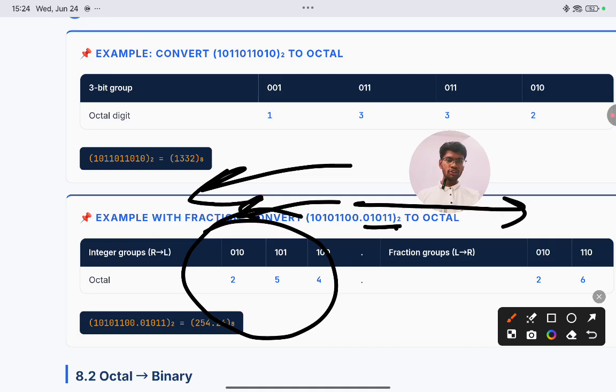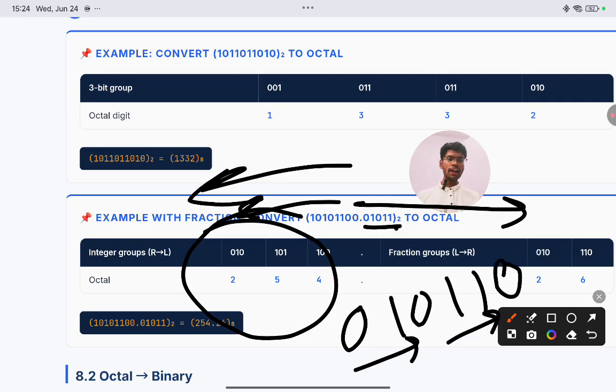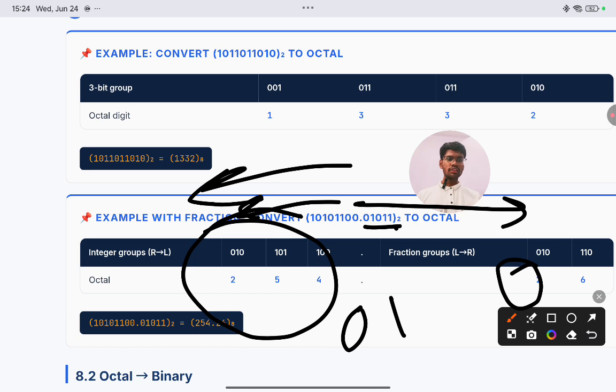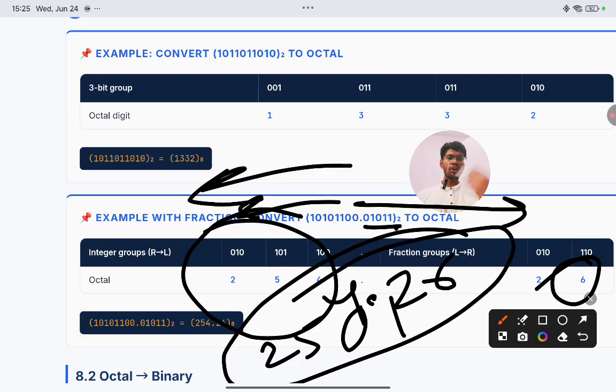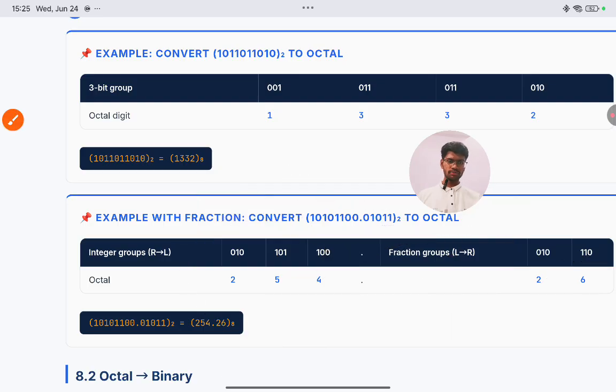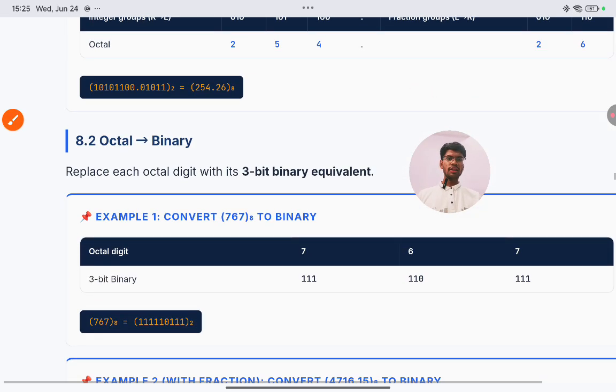So how do you group this? 010, then 11 is left, so add one trailing 0 and group in terms of 3. 010 has a value of 2, and 110 is 6, as per the octal number table. Then write this: 254.26 is the value in octal when you convert this binary to octal.